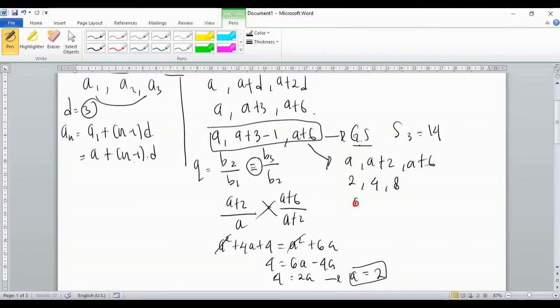So we need to find the ratio. Ratio is equal to B3 over B2, or equal to B2 over B1. B3 is 8, B2 is 4, and B2 is 4 over 2. So we have the ratio is 2, everyone. I hope you understand.